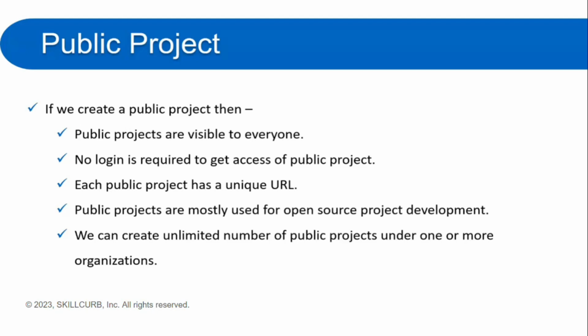Public projects are mostly used for open source project development so that the source code may be available to everyone without any restrictions. Public projects provide support to share code with others and to support continuous integration or continuous deployment of open source software. Moreover, we can create an unlimited number of public projects under one or more organizations.